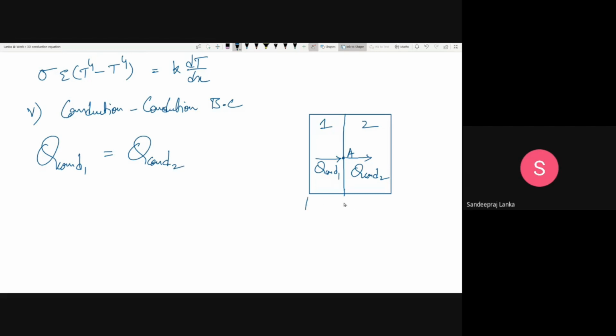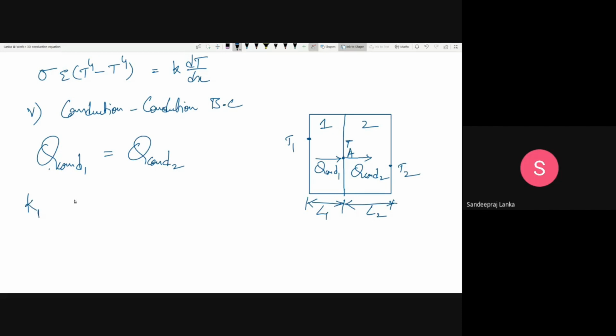Corresponding to this thickness, you will have Q conduction 1, and corresponding to this thickness, you will have Q conduction 2. So let me call this L1, let me call this L2. Here you have T1, here you have T2, here you have TA. The area is same for both, so the effect of A can be taken out.